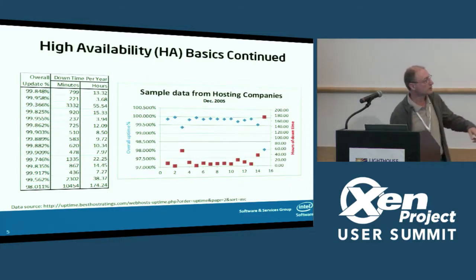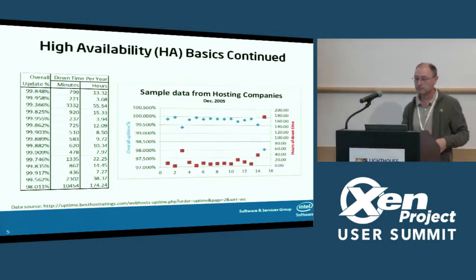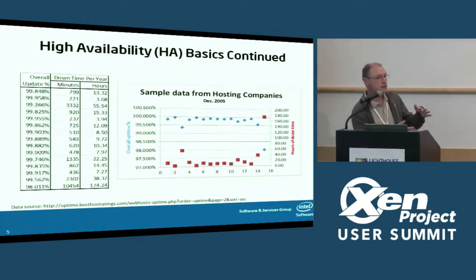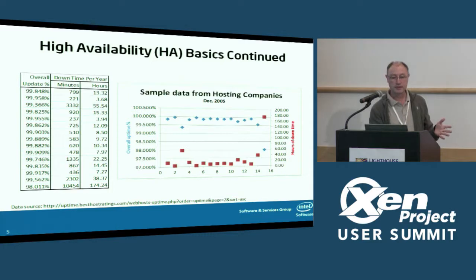I don't know if you can see it, but that column there is the availability number that we just looked at the definition for. Most of the data there is in the 2 nines case. There's one outlier that doesn't make 2 nines, and then there is one that makes 3 nines.